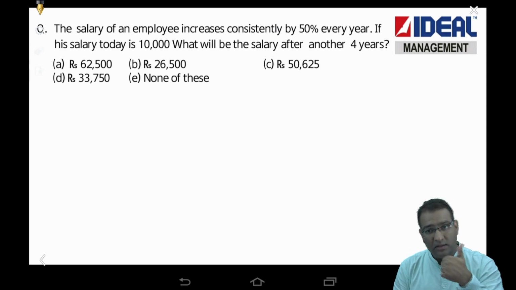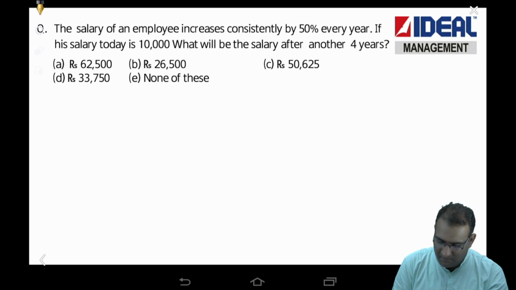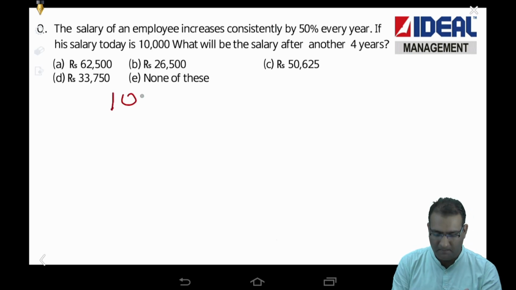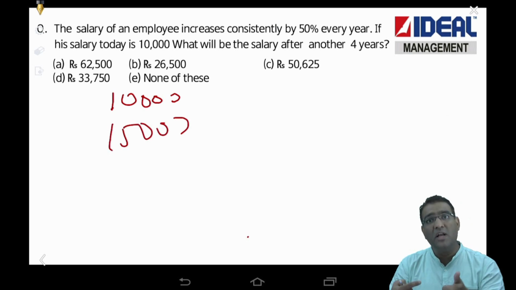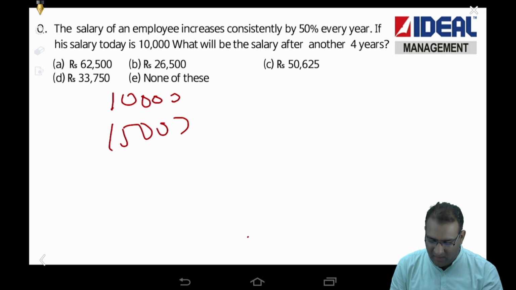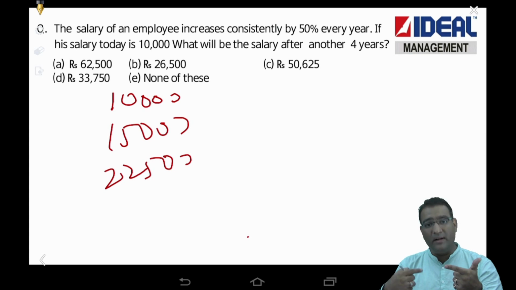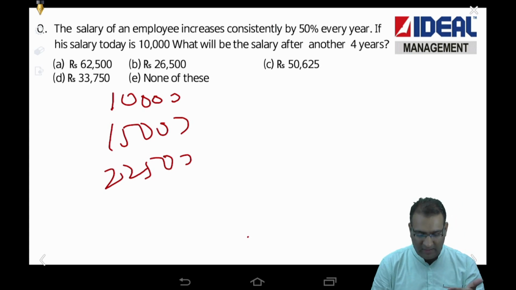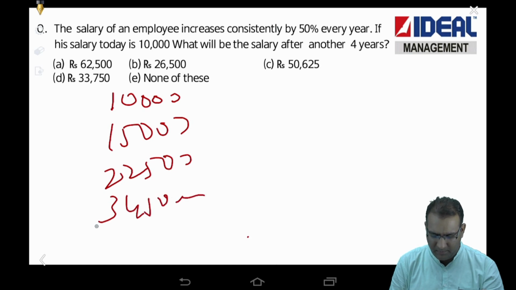So the shortcut which I want to tell you is, can you do it like this? 10,000. Don't write this if you like. Then you add 5,000, it becomes 15,000. Then for the next increase, you add 7,500, it becomes 22,500. Then you add half of this approximately, right? So how much will it become? Around 11,000.